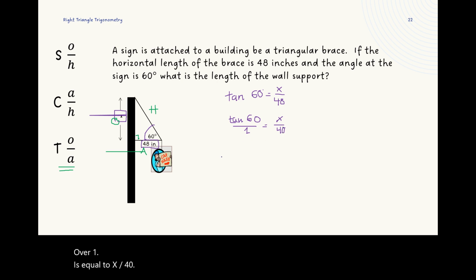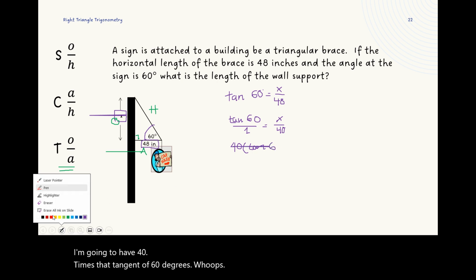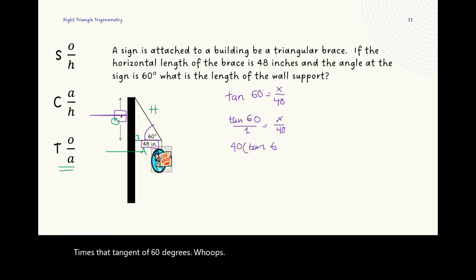When I cross multiply, I'm going to have 48 times that tangent of 60 degrees, which has to equal my X.